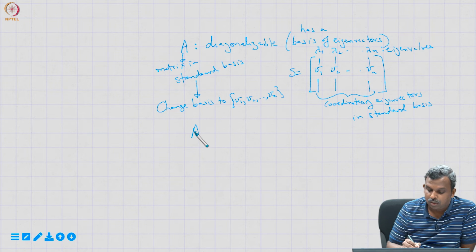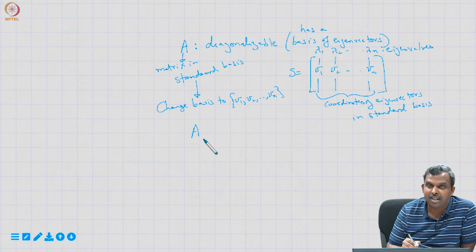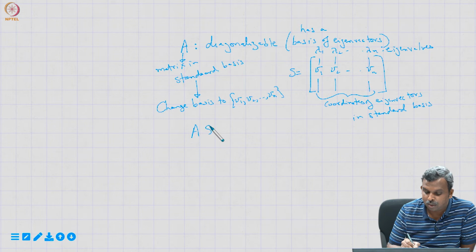Okay. So I have A. How do I change basis to this? It is the similarity transformation that we saw, right? You have to multiply by S on the right and S inverse on the left, right?